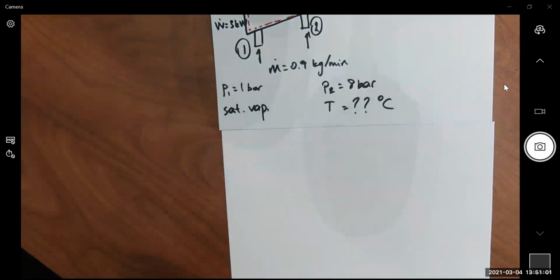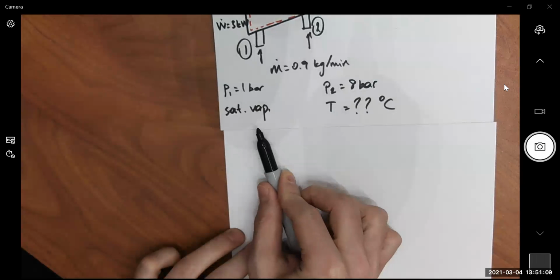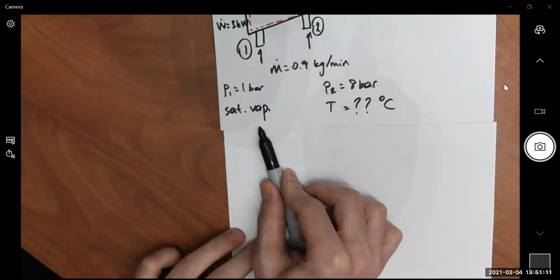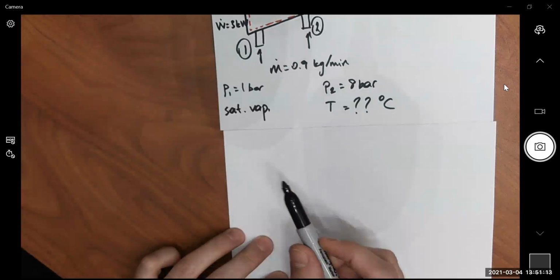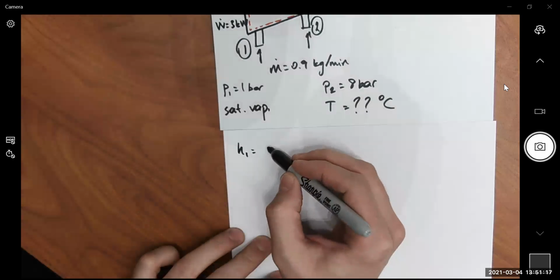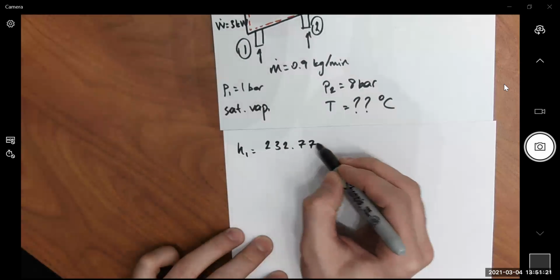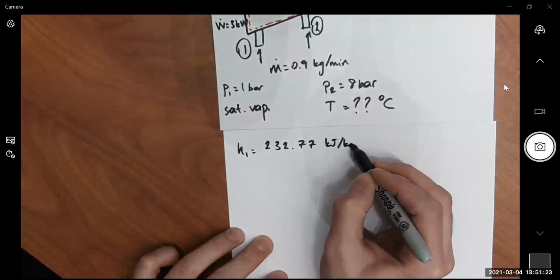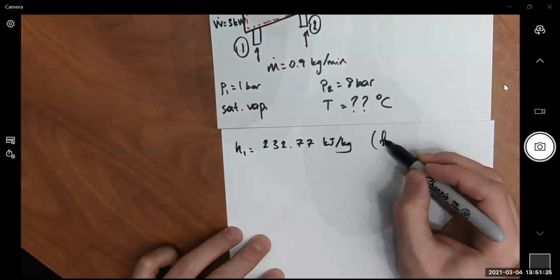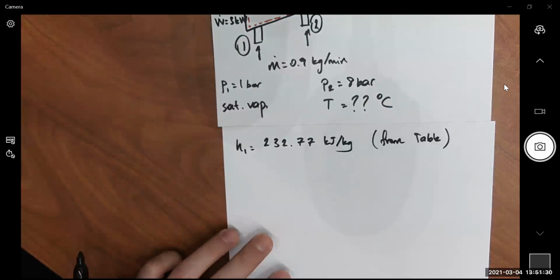R22, if you go to table A8, you can read our enthalpy at the inlet because I know my pressure and I know the state of it. It's saturated vapor, correct? So if you do that, H1 would be 232.77 kilojoules per kilogram from table.